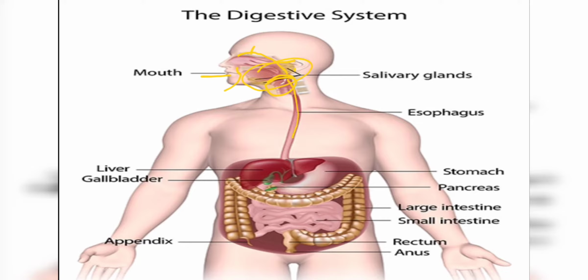Then comes the esophagus, which is the connecting link between the mouth and the stomach. Then the stomach is a bag-like structure. Its shape is just like the English letter J, and it stores the food. Then the food passes to the small intestine. Then it goes into the large intestine, and through the rectum it goes to the anus.